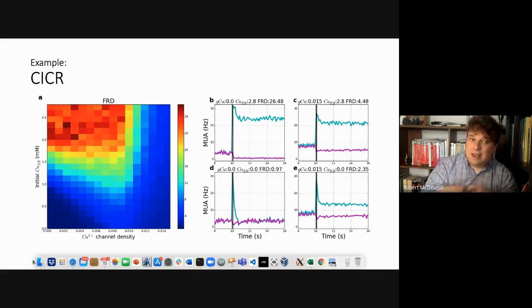So the intracellular calcium dynamics had this stabilizing role on a working memory network. I'm trying to avoid making any explicit biological claim here, but does that make sense? So there is a role for the interaction.